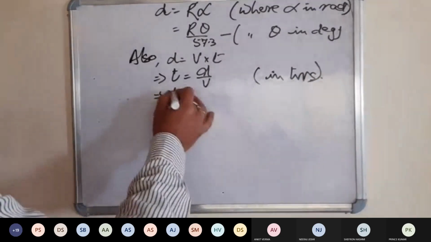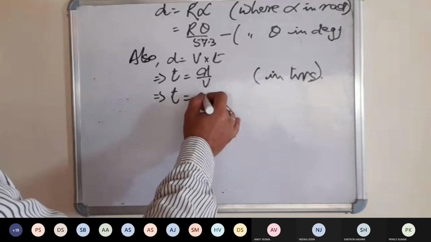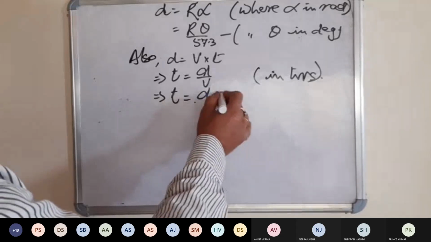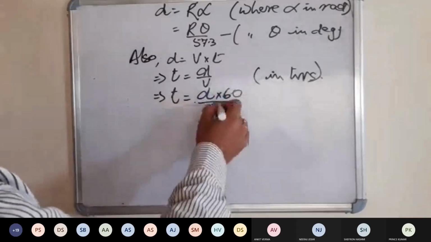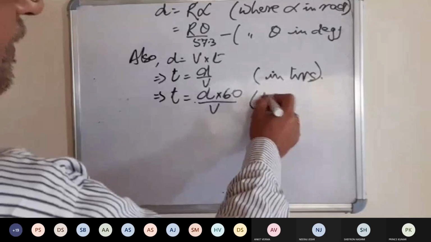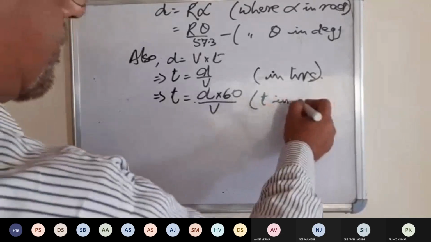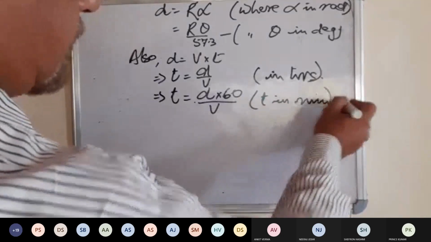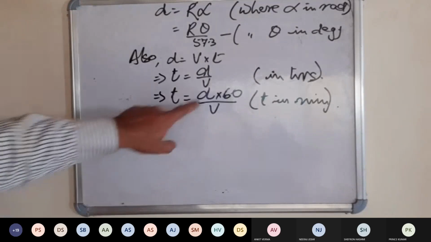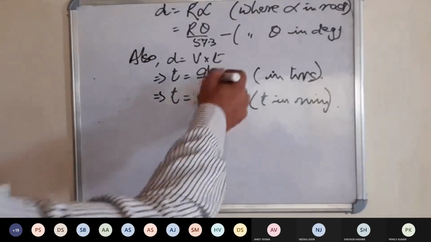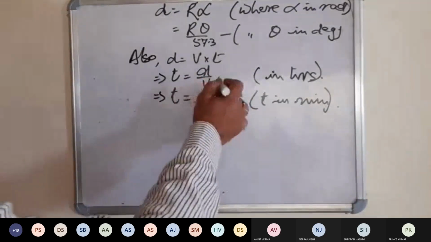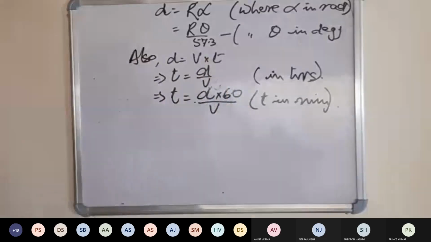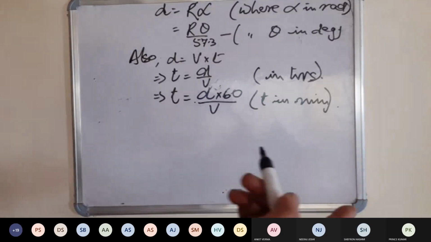This T is equal to D into 60 divided by V. That is T in minutes. Is it okay? We divided it by 60, so the 60 went up. Is it okay?